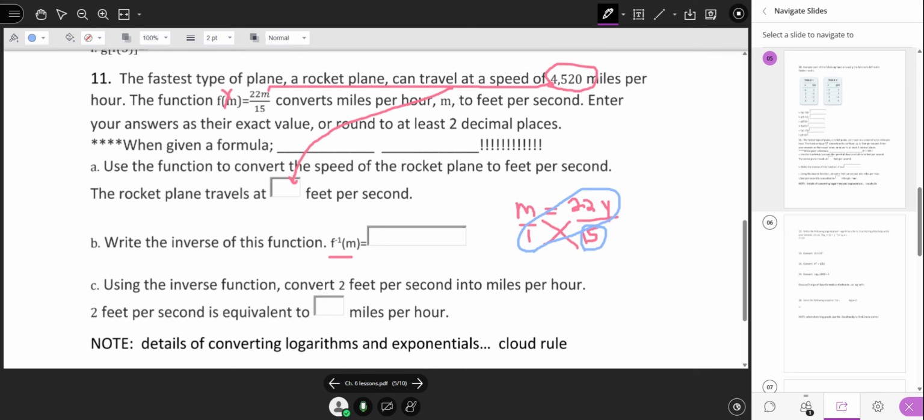So m equals, hang on a minute, I just had a brain fart. Let me erase that. Because I'm trying to solve for y.